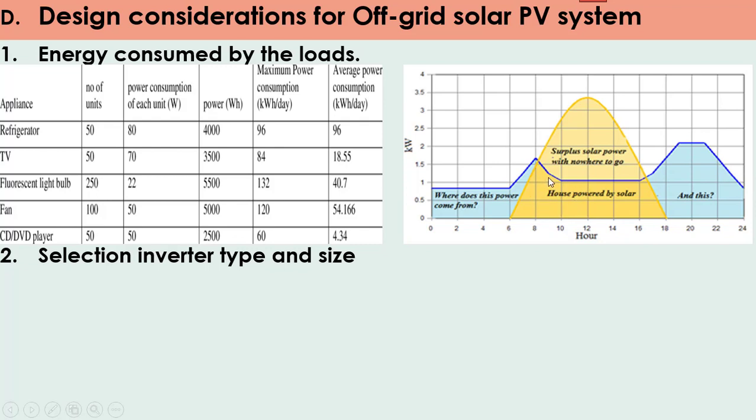Now, the dark yellow zone represents the household appliances powered by solar, or the consumption of the appliances directly from the energy generated by the solar photovoltaic system. And the excess energy represents the energy that will be used for battery bank charging.